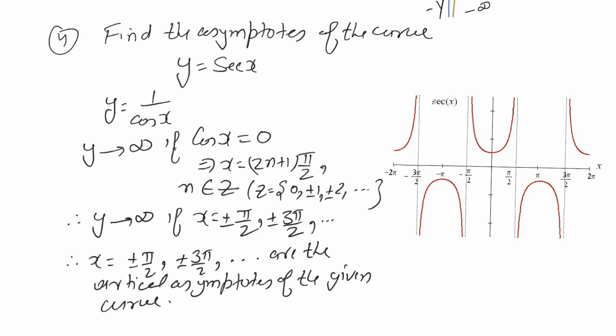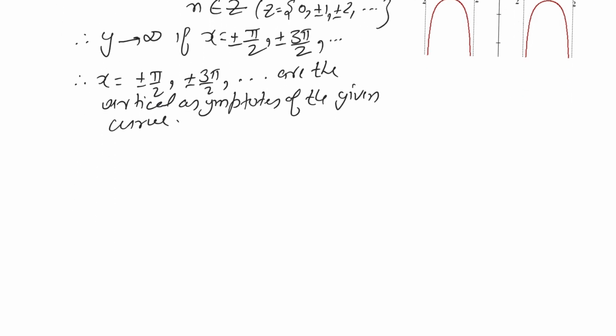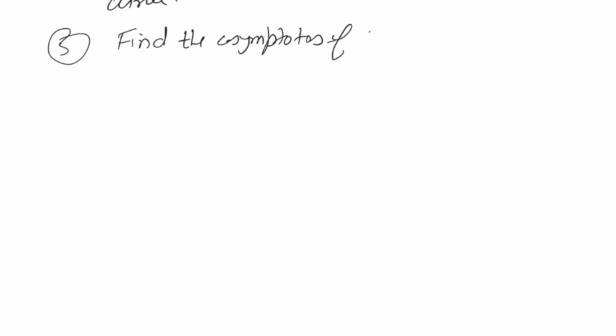Now we shall take the next question, and next question is, find the asymptotes of y is equal to cosecant x.